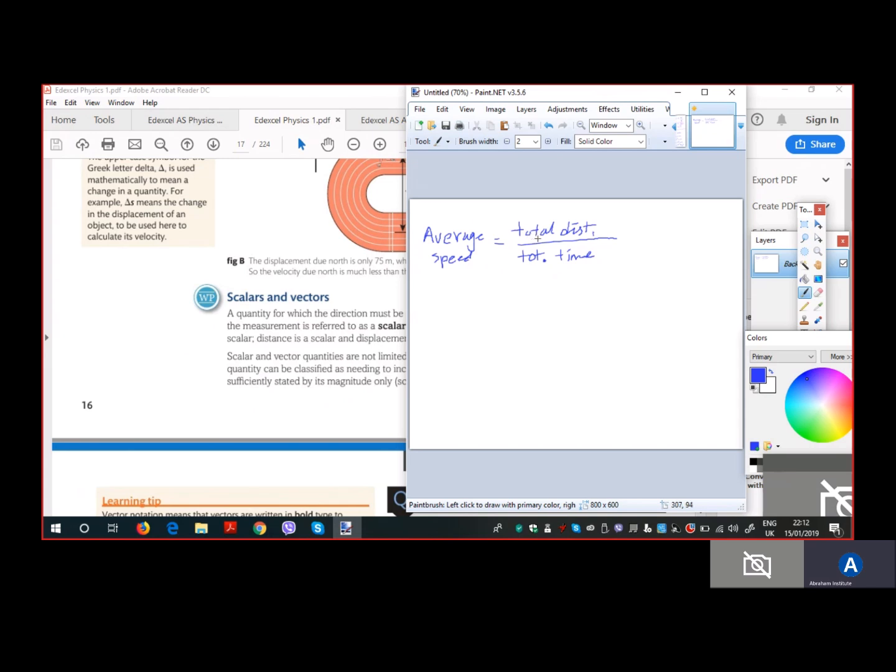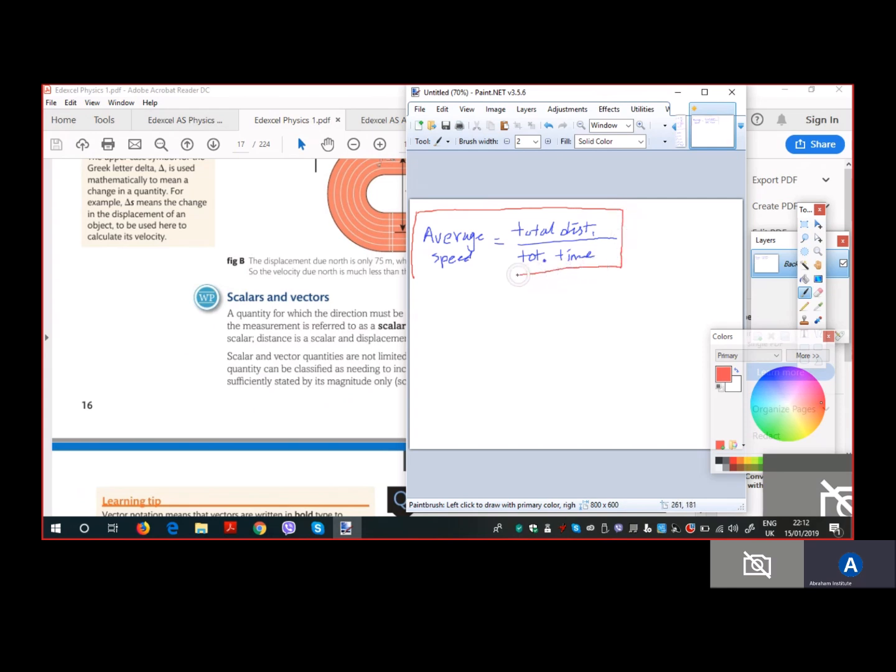It doesn't really matter. All we need is the total distance and the total time. So this equation is very important. It doesn't depend on the path. Actually, it depends only on the total distance and the total time.